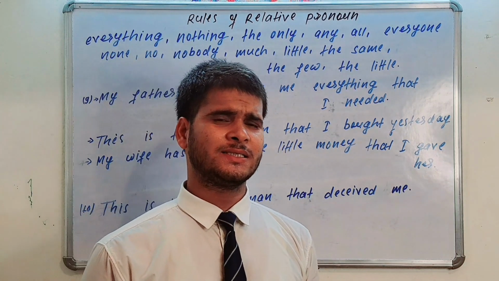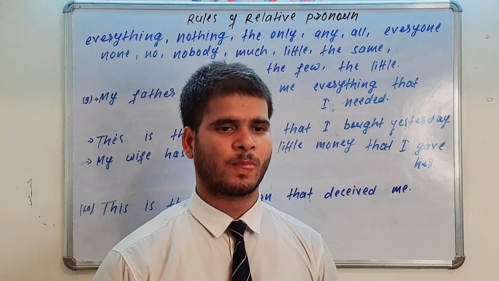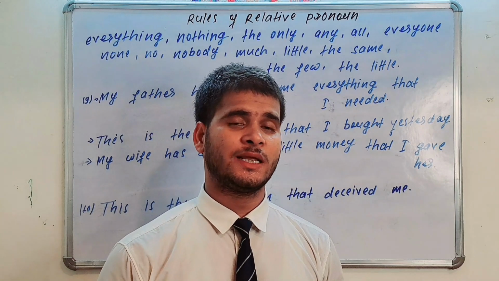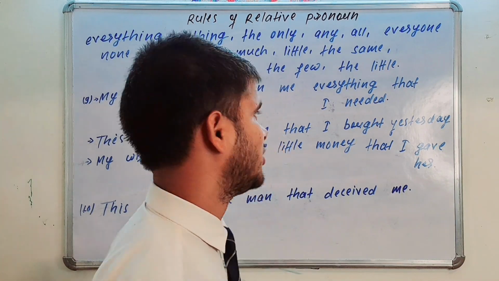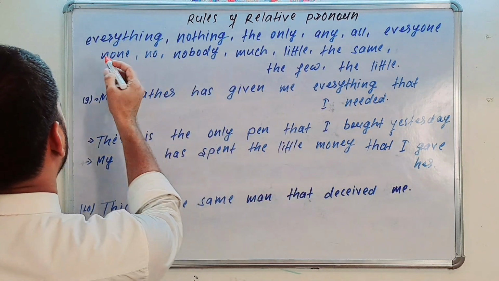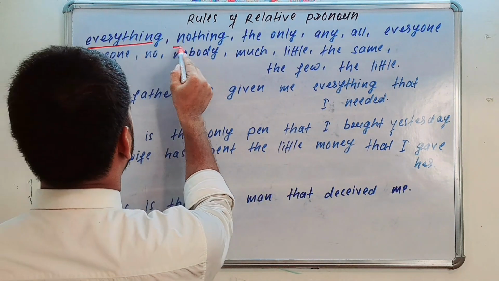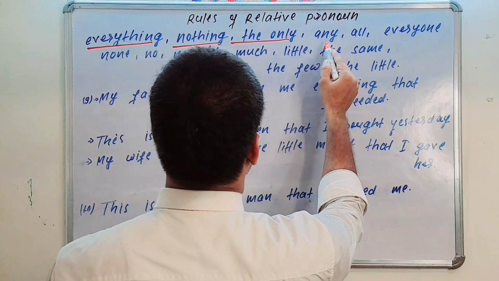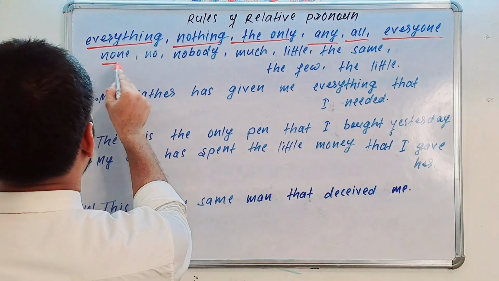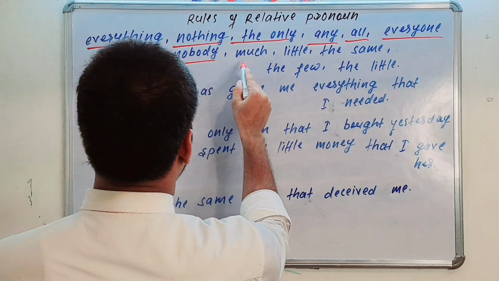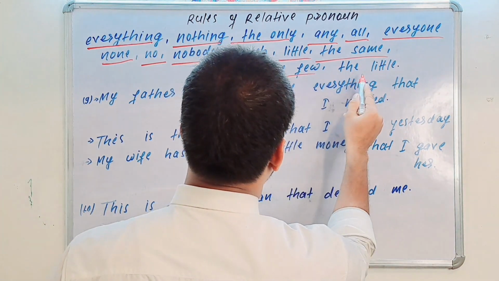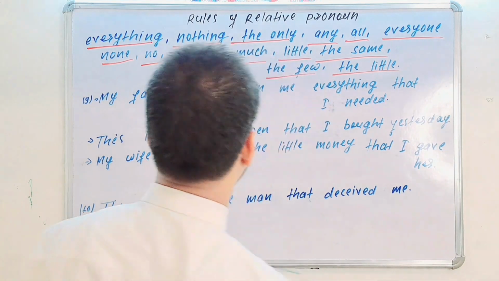And now understand the next rule. If you see these words here: everything, nothing, the only, any, all, everyone, none, no, nobody, much, little, the same, the few, the little.